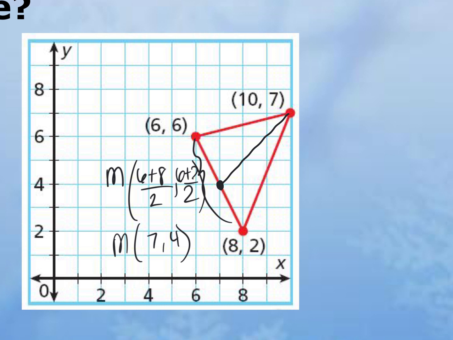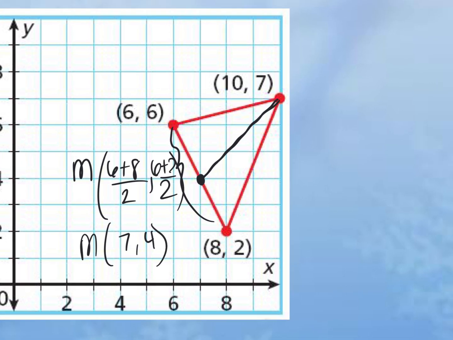It is where an angle of the triangle is. It needs to connect to a vertex, okay? If we connected it here, it would just be along the side. Think about it, it has to go through your triangle to the opposite vertex. Do you guys see that now?